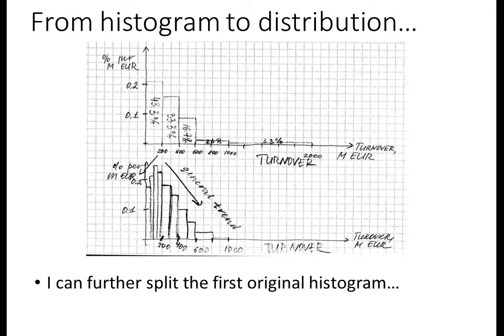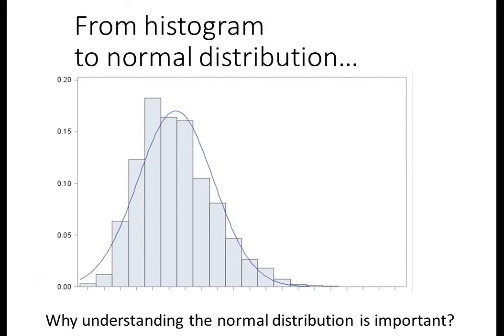So if I keep splitting my 5 original bars into smaller and smaller bars, smaller intervals, that's what I usually get, and that's very close to what we call normal distribution.